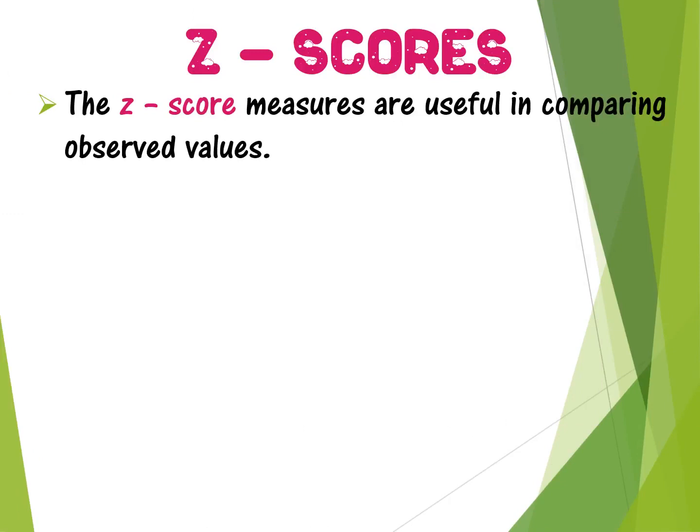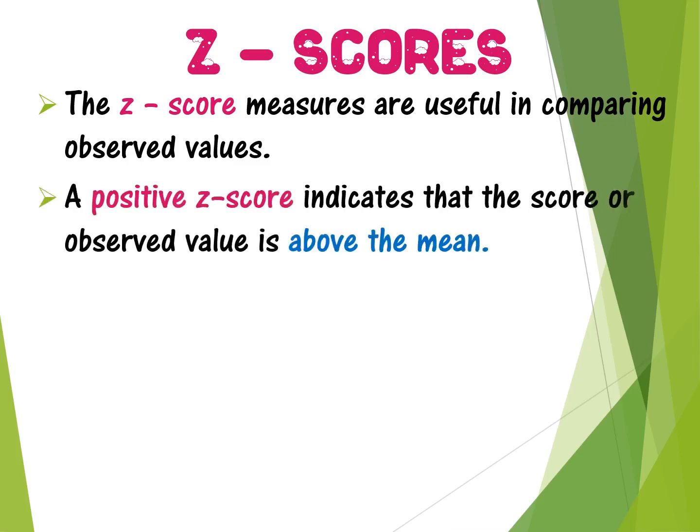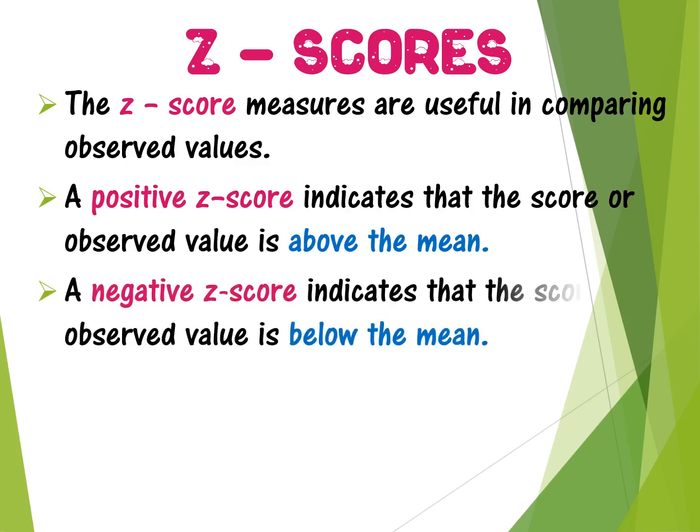One of the importances of Z-scores is that they are very useful in comparing observed values. It makes it easier to compare data values that are measured on different scales. As I've said earlier, when the Z-score is positive, it indicates that the raw score is above the mean, and negative indicates that it is below the mean.